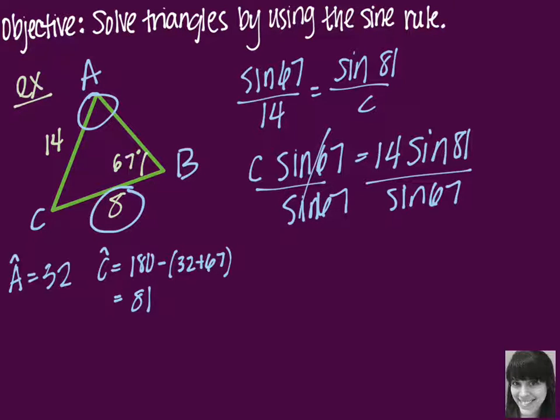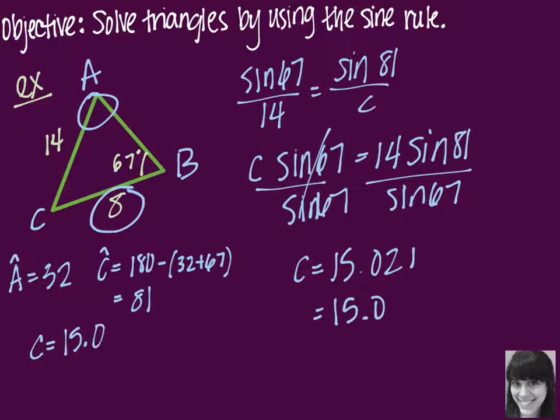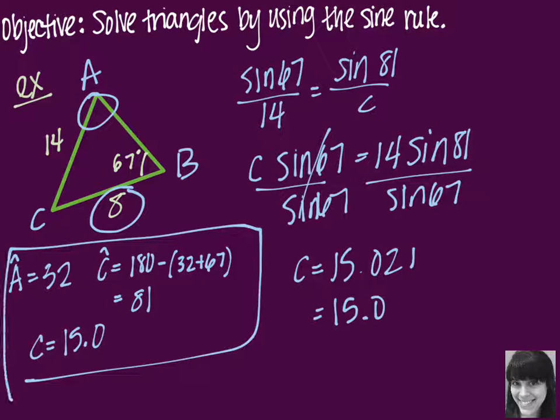And so you get C equals 15.021, and you can just round that to 15. Or I guess it makes you do two significant figures, but that's 15.0. So C would be 15.0, and now you've solved the triangle by finding these three measures.